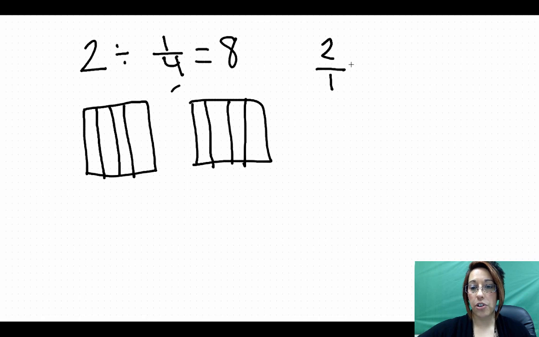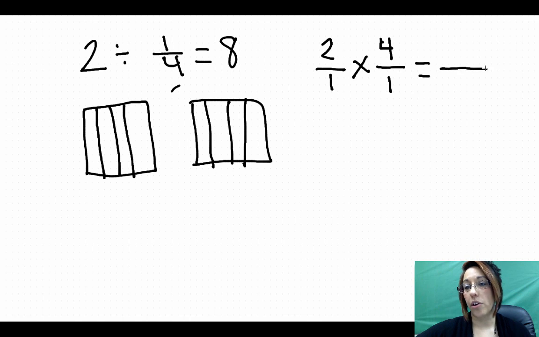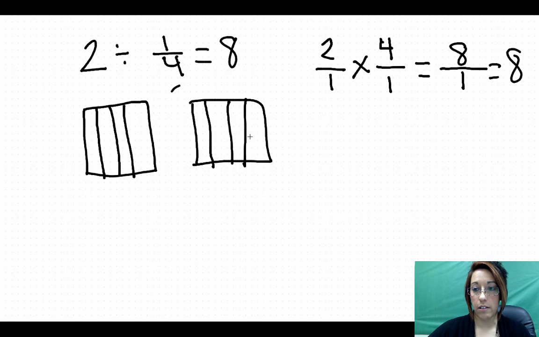We're going to change our division to multiplication, and then we're going to flip, or call it using the reciprocal of the fraction that we're dividing it by. So that means it would be 4/1. So when we do our multiplication across, 2 times 4 is 8 and 1 times 1 is 1. So our answer would be 8.